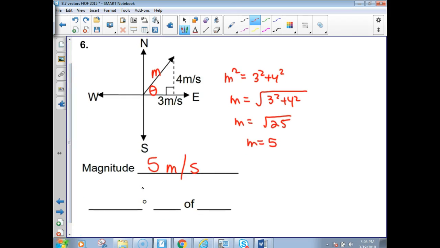I need to find the angle, so I say opposite over adjacent. That would be the tangent of theta, the angle. I'm just using a theta instead of an x. 4 over 3. So you're going to type inverse tangent, or second tan, of 4/3.